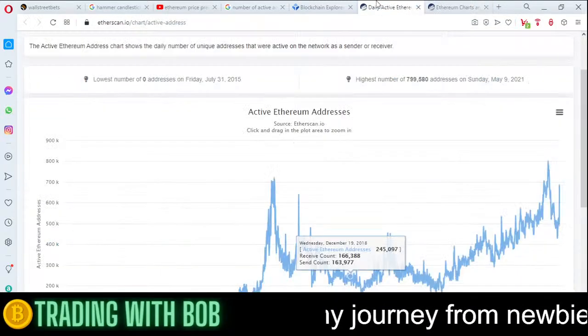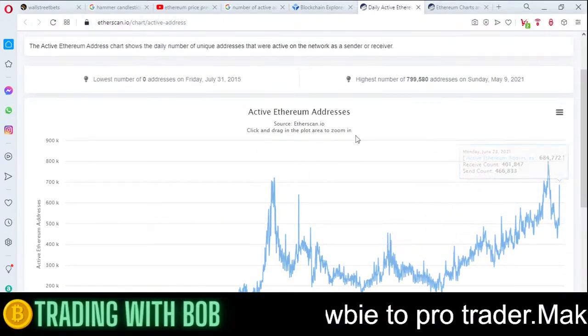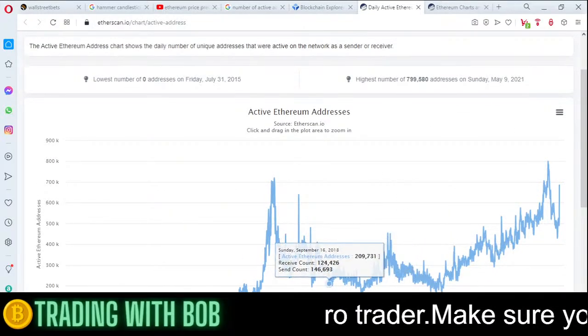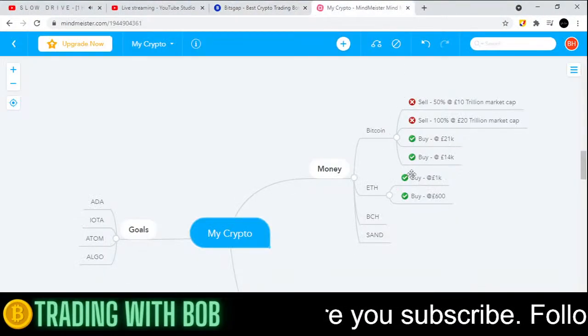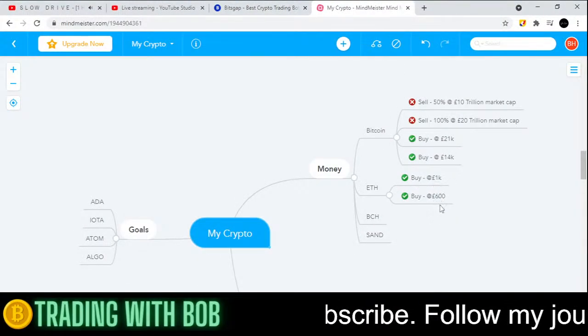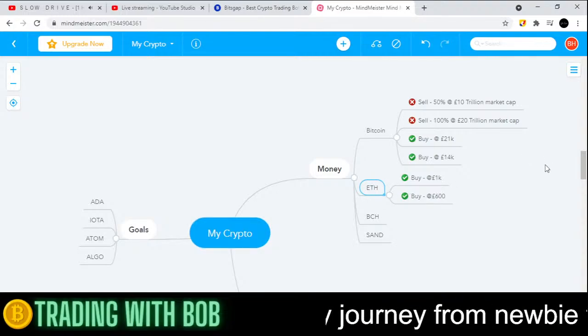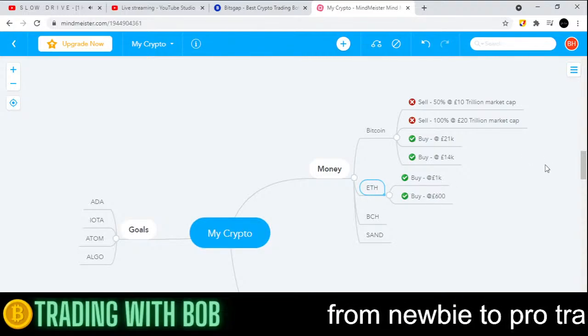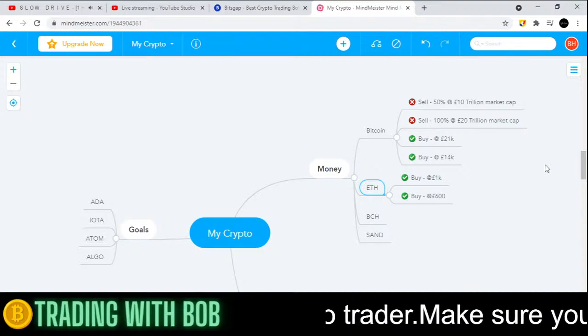Okay, let me see. So Ethereum, I want to buy some at 1k and buy some at 2k, but if it hits around, oh shit, I forgot to check Ethereum's market cap, sorry. Let me check that.